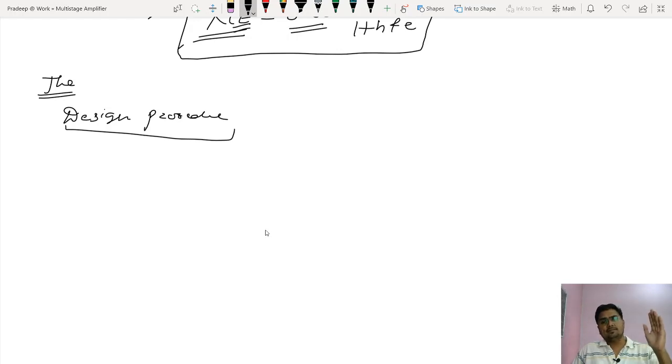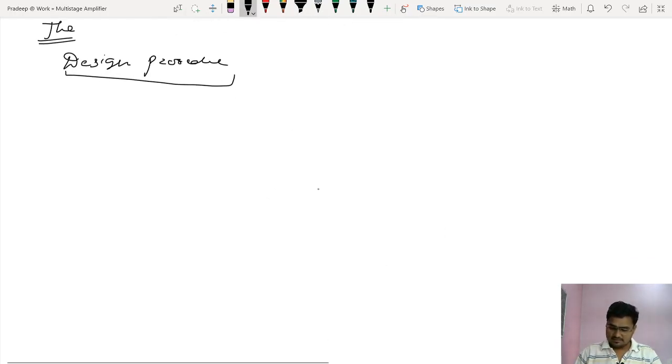So transfer of maximum power, or of maximum output voltage, from stage 1 to stage 2 is really important. When we start with the design, you will come to know each and everything in detail. So let us write down the design statement.